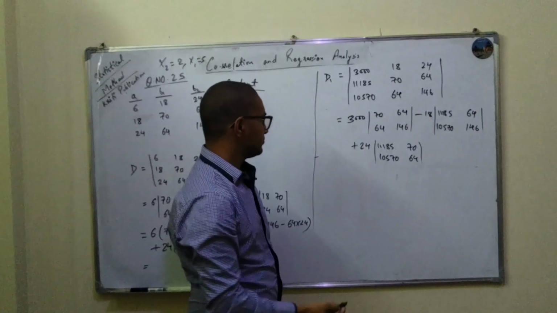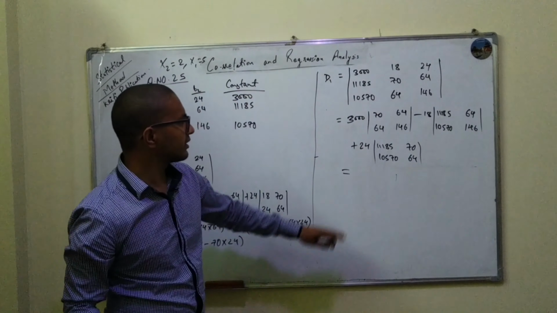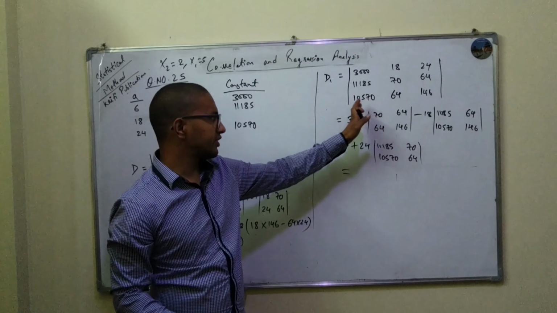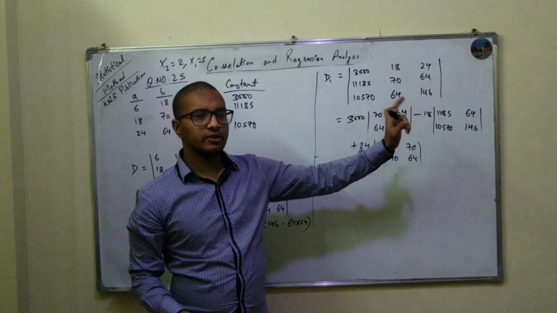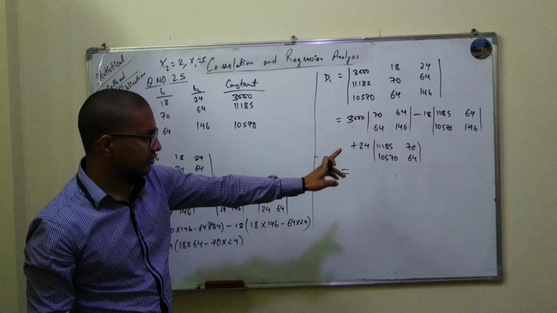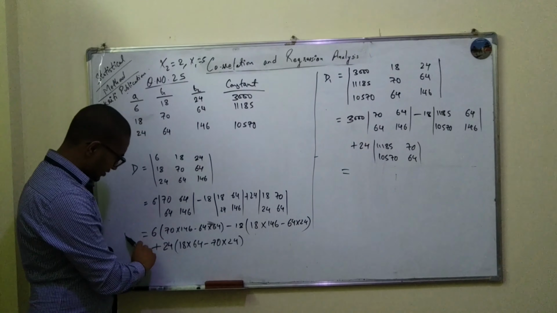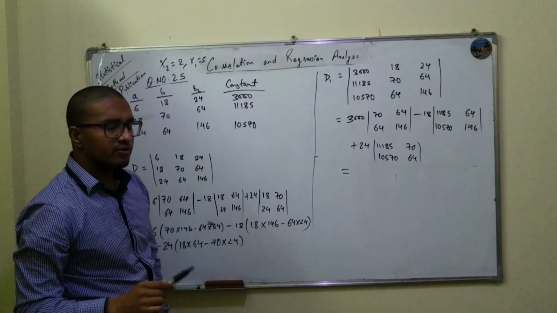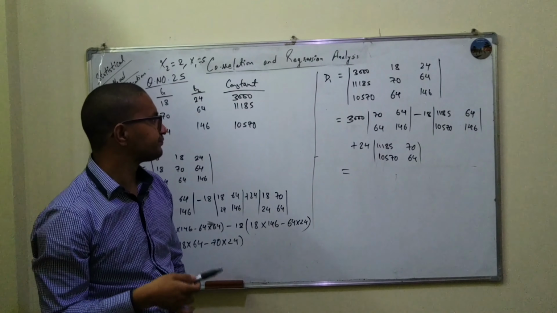So again same thing: 3000 bracket open, 70 into 146 minus 64 into 64, bracket close, minus 18, same as the previous method. Based on that we will get some values.